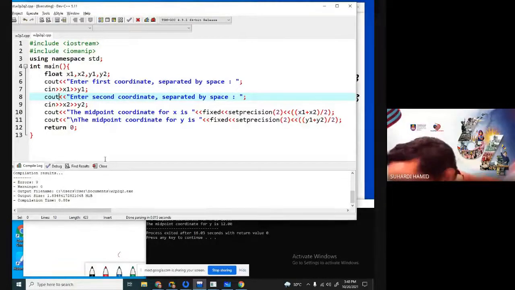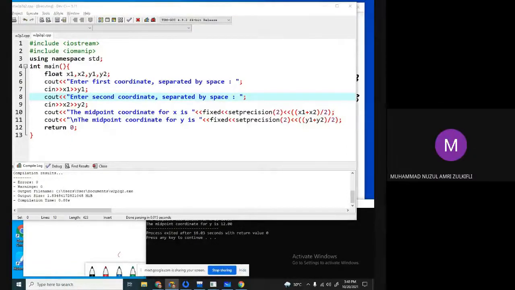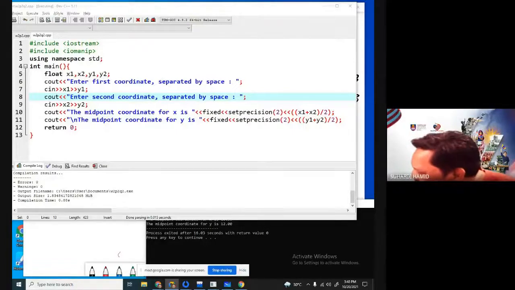Raise your hand. When you look at my code, how many of you find it extremely easy? See, it's not difficult, isn't it? When you look at my code.